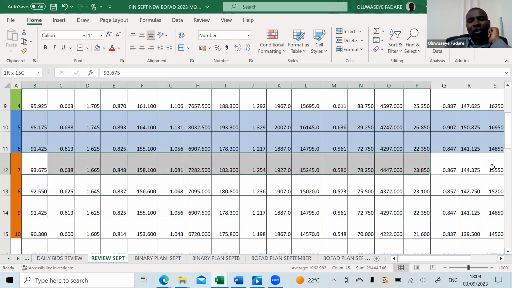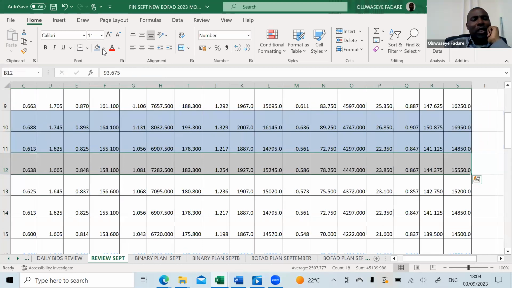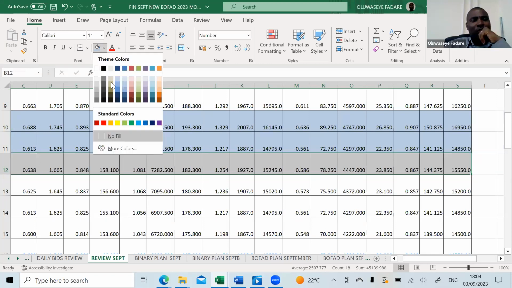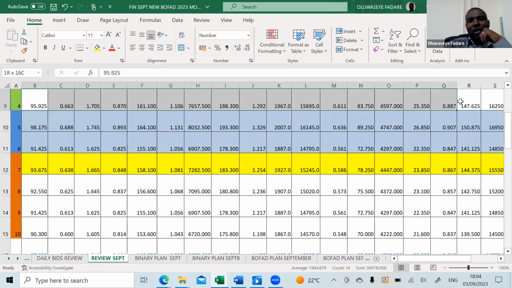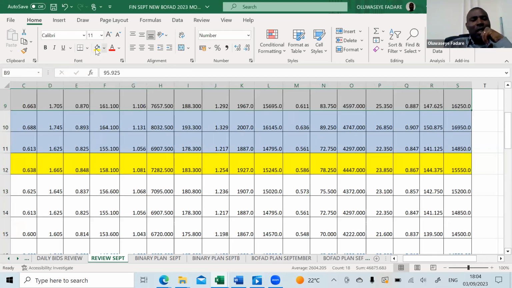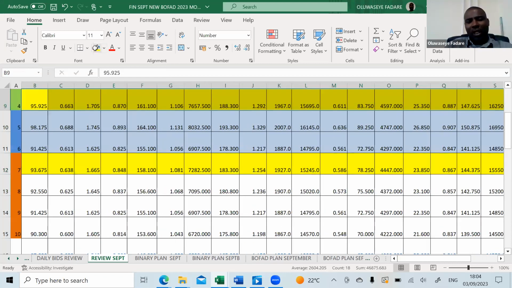according to the template, our first point of control is these two positions. Let me make it yellow so that you can understand it. These two positions, the yellow points, are our first point of contact for the market every month.